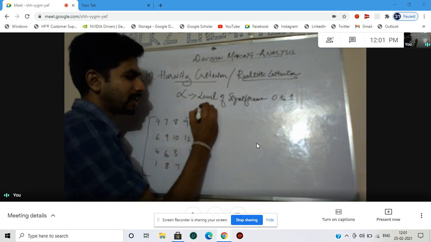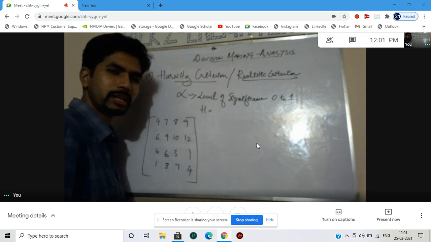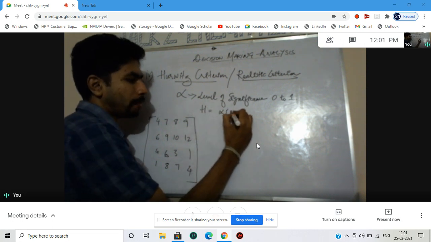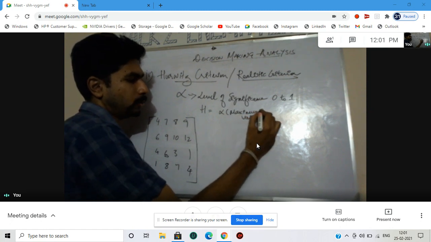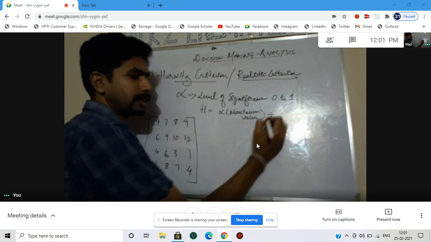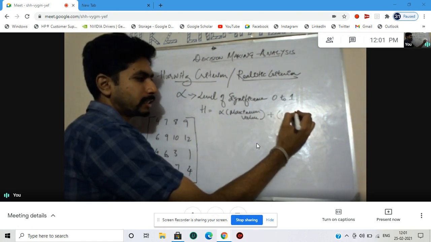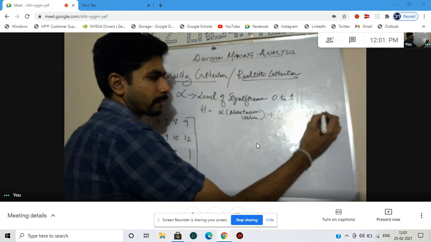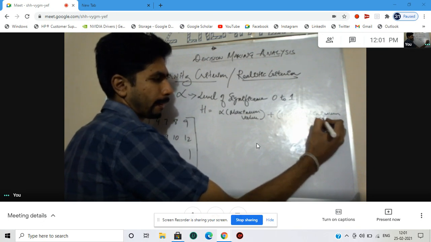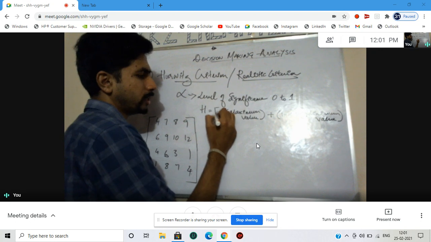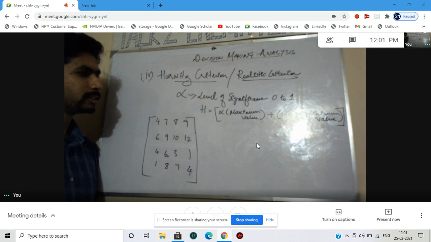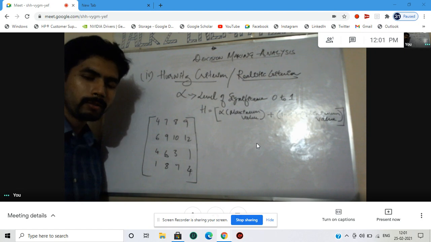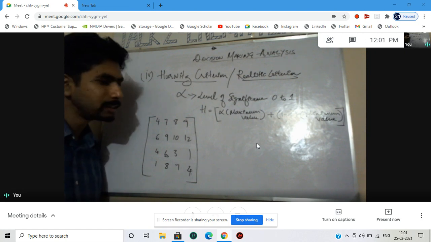The formula is H is equal to alpha into maximum value plus, open the brackets, 1 minus alpha into minimum value. This is the formula for Hurwitz criterion.